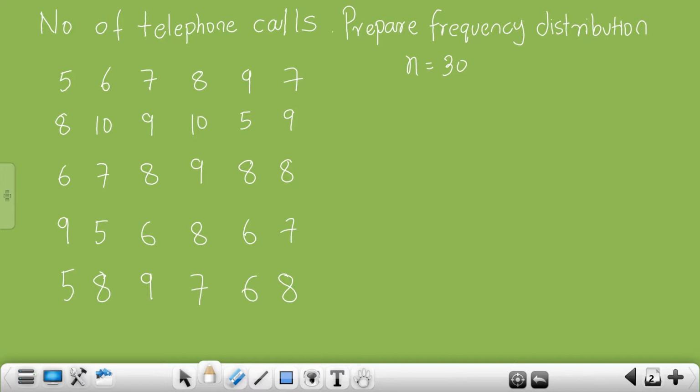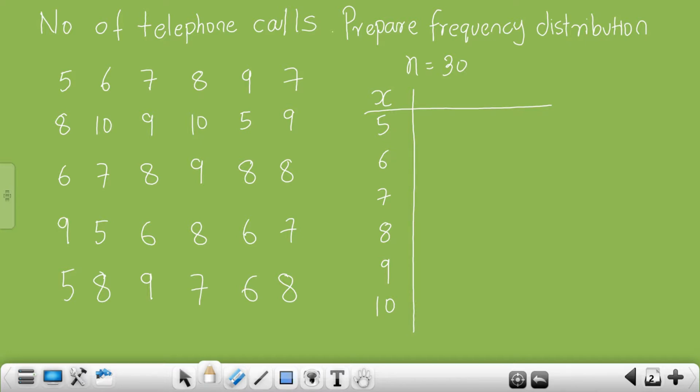As per the discrete series distribution, we are going to take down individual values and find out the number of times that they have repeated. Since we have the values 5, 6, 7, 8, 9 and 10, these values have been repeated over a period of time.